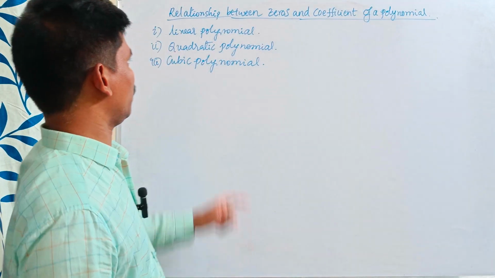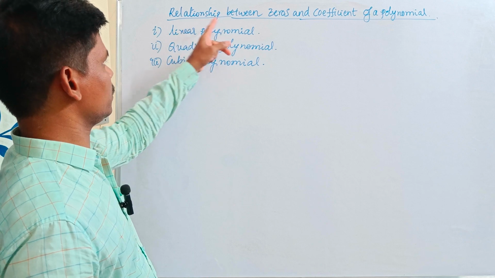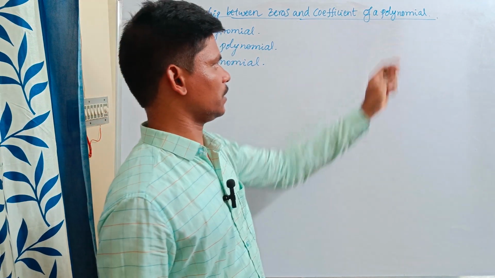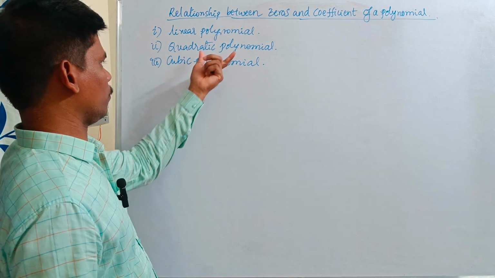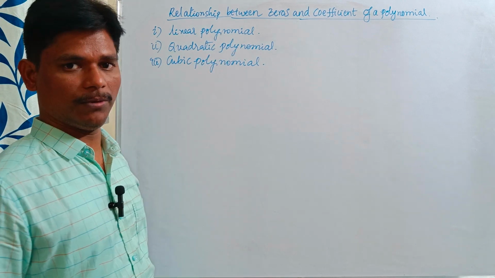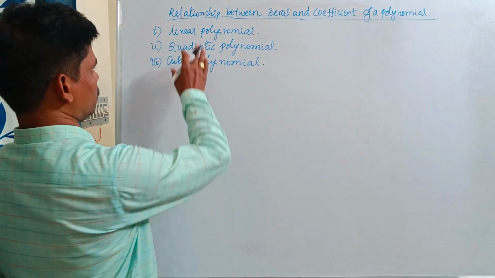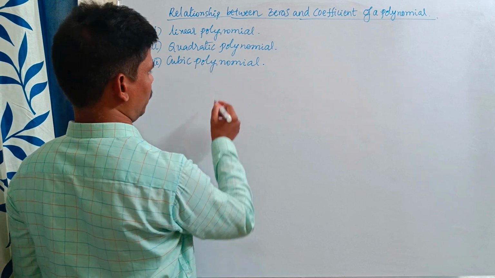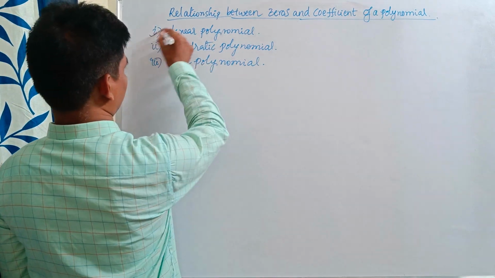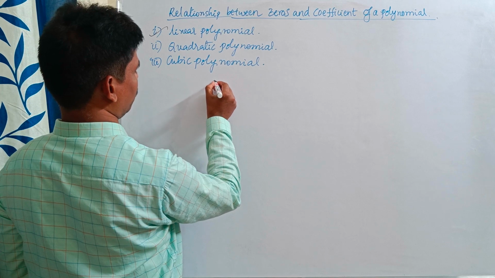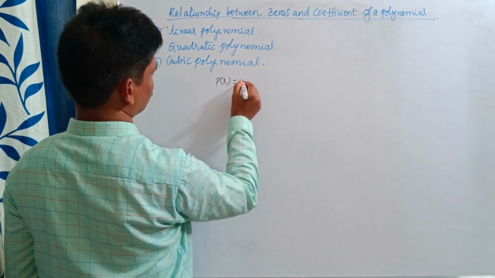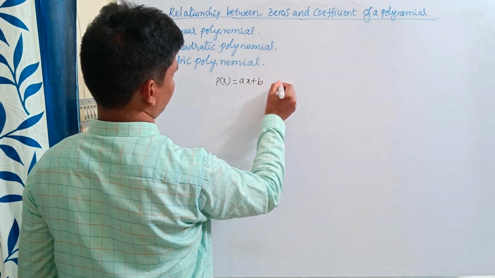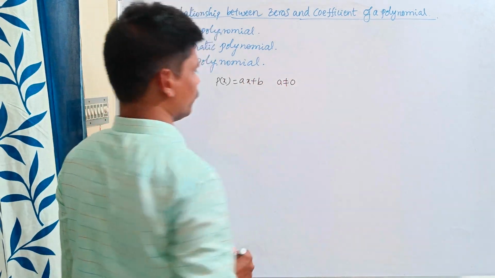Next, the last concept: the relationship between zeros and coefficients of a polynomial. First the linear polynomial, then the quadratic polynomial, then the cubic polynomial. The general form of a linear polynomial is p of x equal to ax plus b, a not equal to 0.